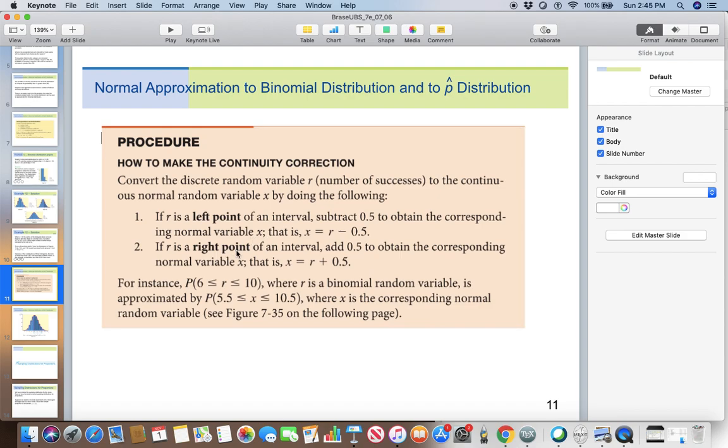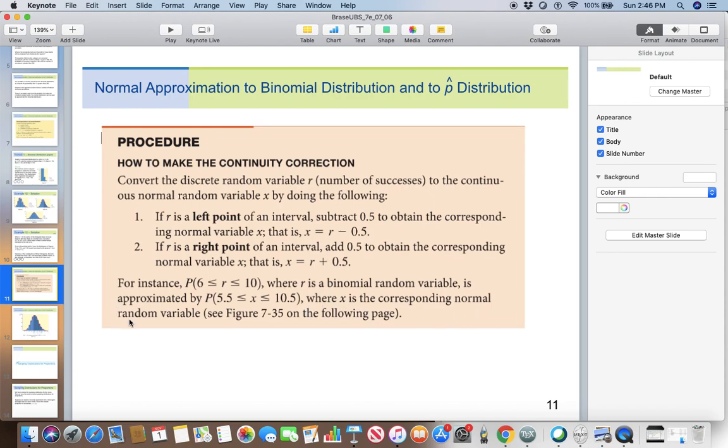If r is a right endpoint of an interval, add 0.5 to find the x. For instance, if the question were 6 less than or equal to r less than or equal to 10, replace that r by an x after reducing by 0.5 on the left and adding 0.5 on the right. So you are expanding this a little bit.